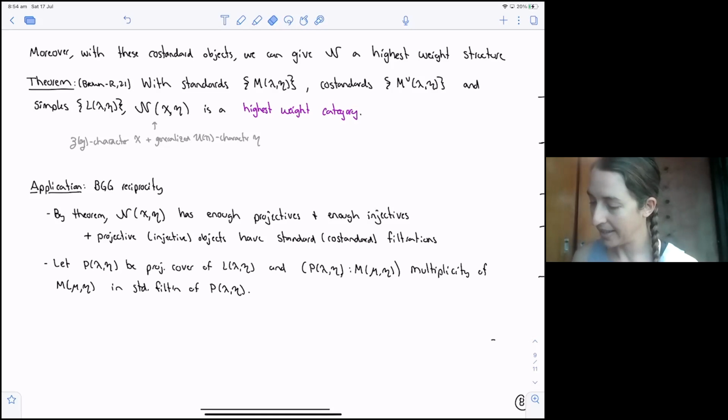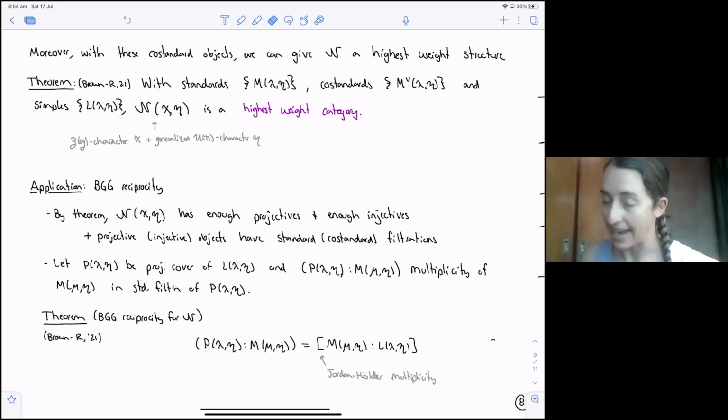So if we take the projective cover of some simple, then we can ask about multiplicities in the standard filtration of this projective. And we can state an exact analog of BGG reciprocity that works in this Whittaker category, which is that the multiplicity of some standard in some projective is equal to the composition series multiplicity of the corresponding simple in the standard. So that's a nice application of this.